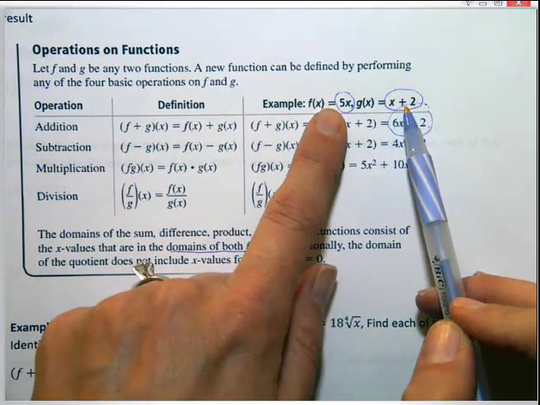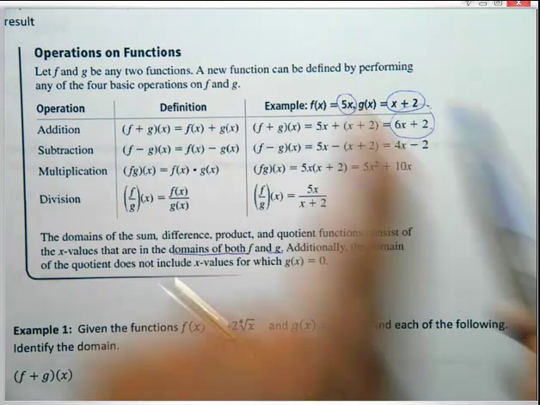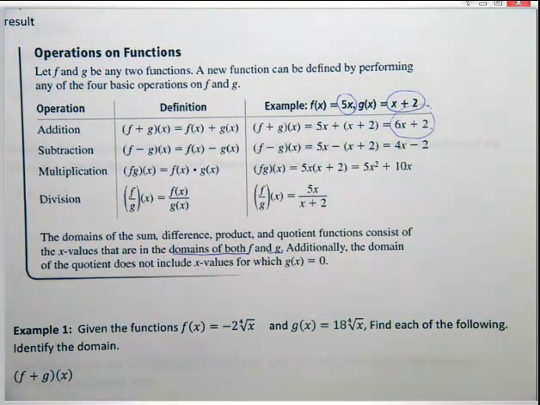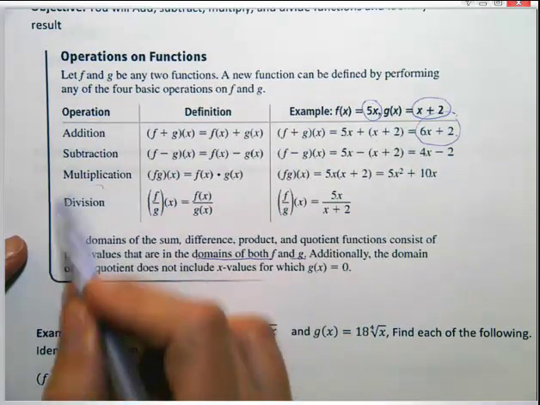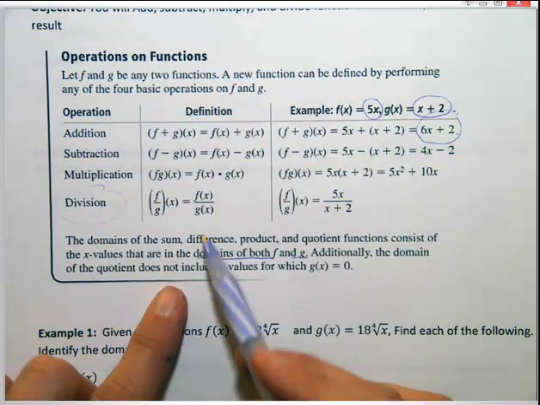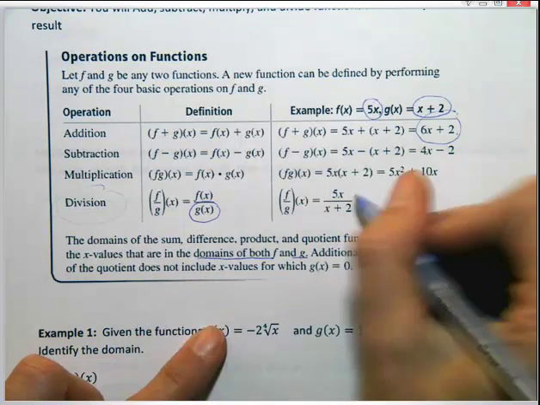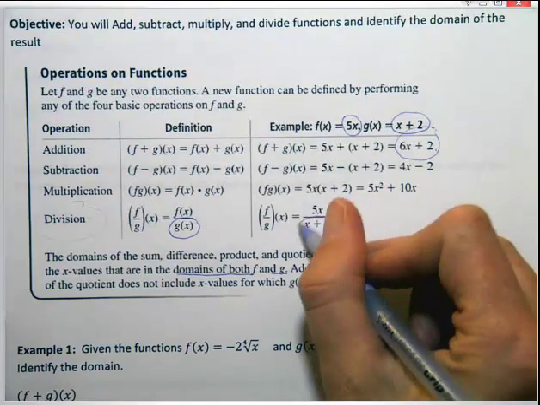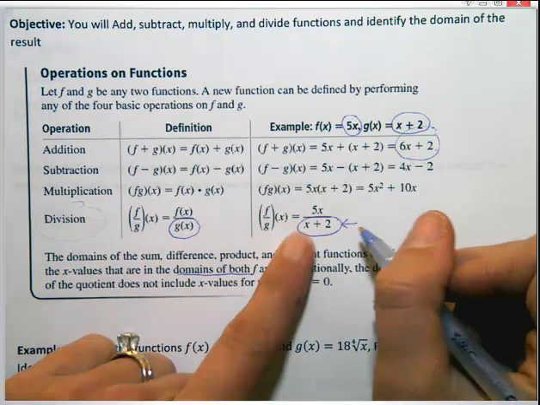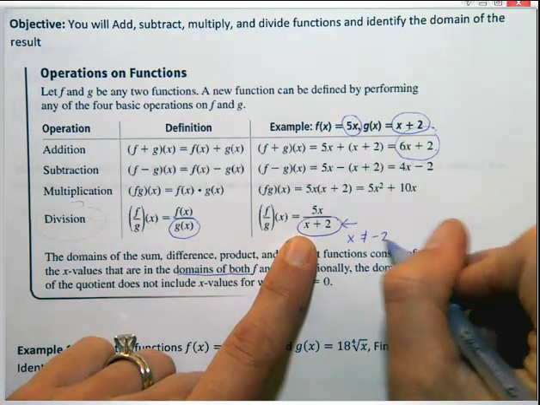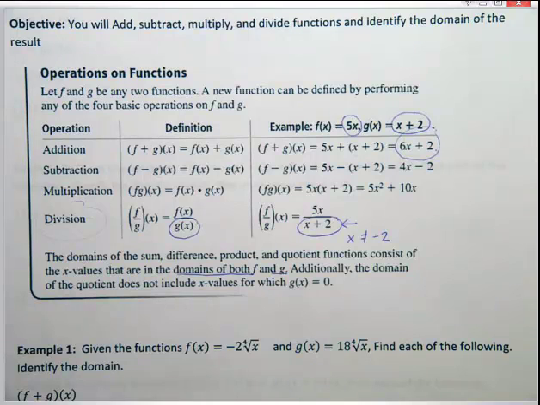Whatever the domains are for the original functions will be the domain for the resulting function. Additionally, with the division problems, we also have to look and make sure that the denominator does not equal 0. So like in this example up here, we would have to make sure that x cannot equal negative 2. And so our domain would include numbers that are not negative 2. You'll see that when it comes up later on.